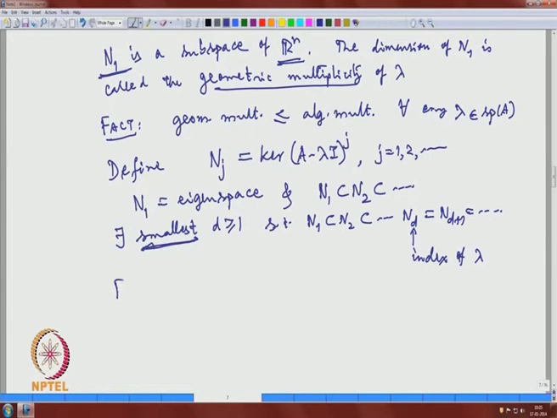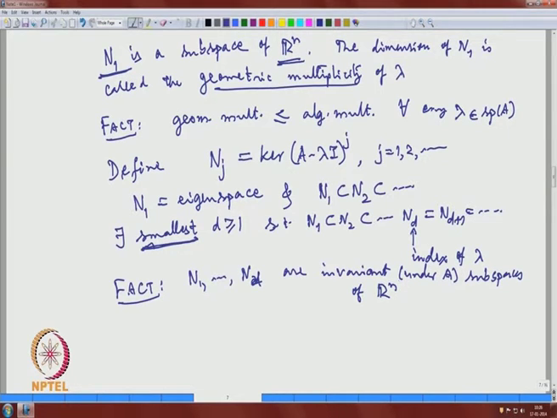So, one more fact. These are all subspaces. This N1, N2, up to Nd are invariant under A. Let me not stress that again and again. So, these are invariant subspaces of Rn, and more importantly, the dimension of Nd is equal to the algebraic multiplicity.